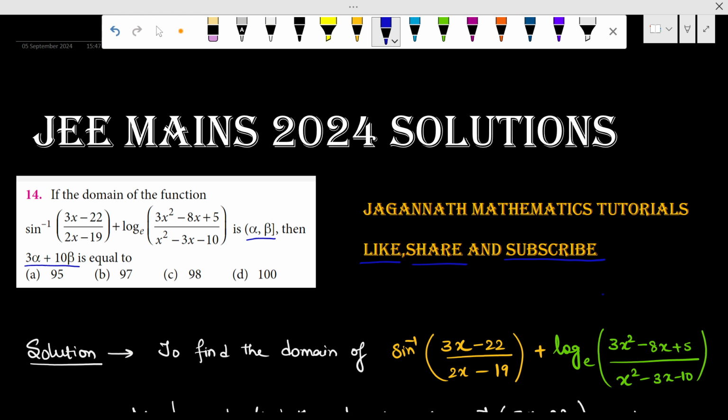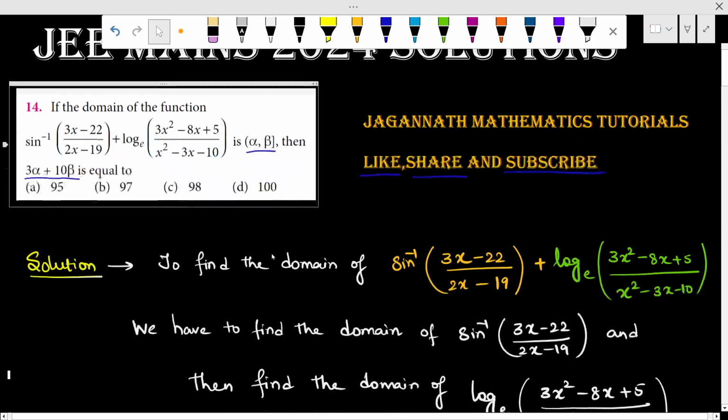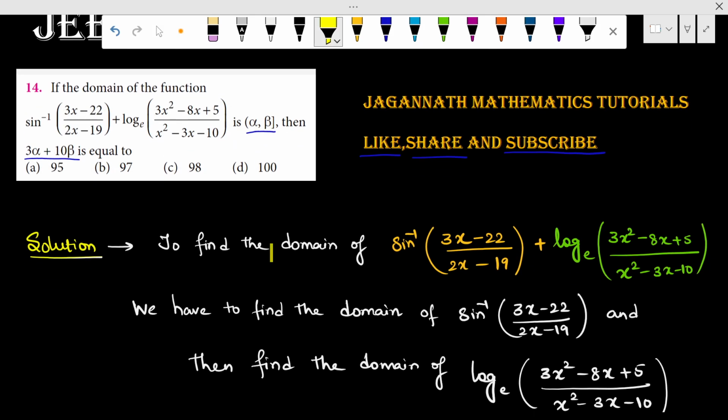So let us see the solution for this. To find the domain, first you need to find the domain of each part of this function.